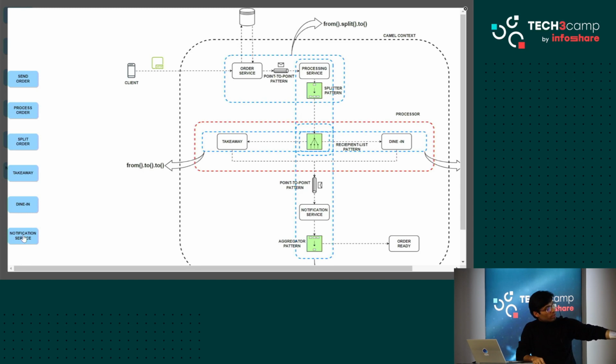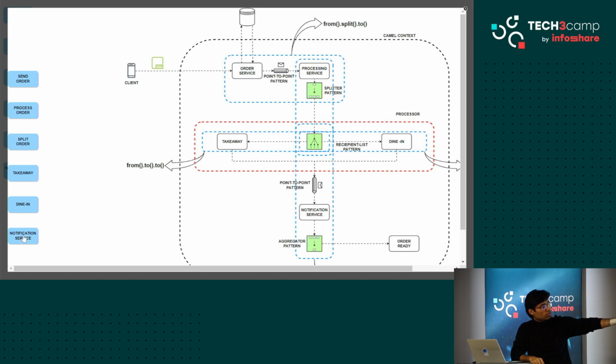But at the end of that pattern, we have the aggregator pattern. So let's suppose I, as a customer, order 4 pizzas, right? 2 of which are takeaway pizzas and 2 of them are dine-in pizzas. The splitter pattern breaks that order into 4 individual items. Each and every single item gets processed based on the type of the order.